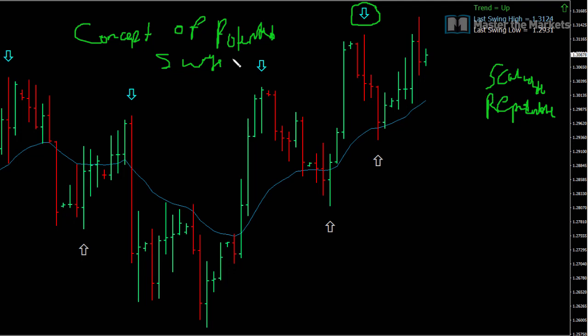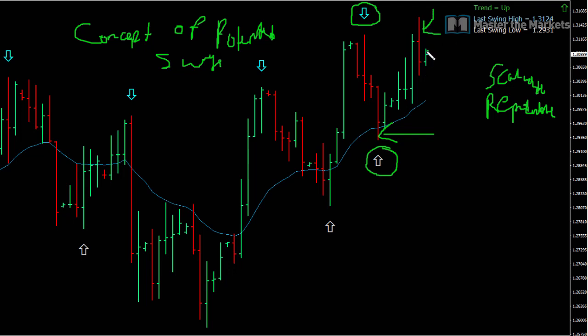So the concept of potential swings comes after you have identified and quantified your swings. What I want to do in this example is, even before the smart money indicator flags up to me a swing low or confirms a swing low later down the line, I want to enter even before it does that. So for example, this bar here can become a potential swing.